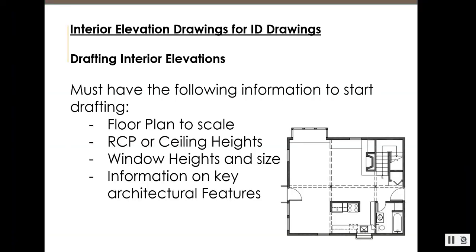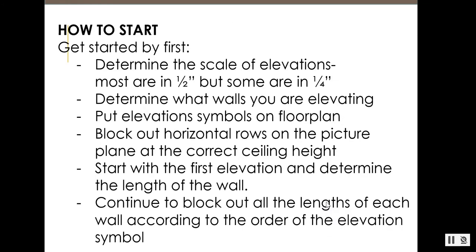And also your windows. You need to know how far they are above the floor and the sizes. So in this situation, knowing some of these window heights, knowing where the doors are, how high the ceilings are, extremely important.